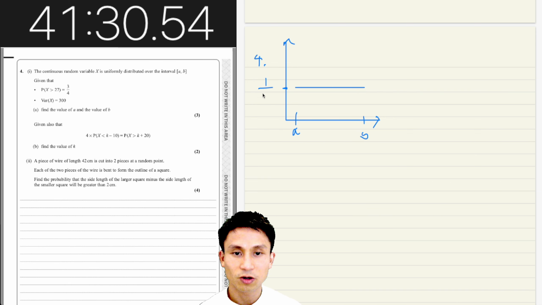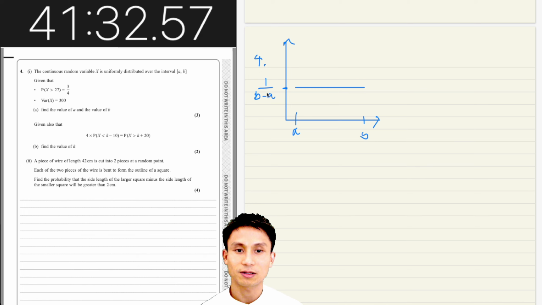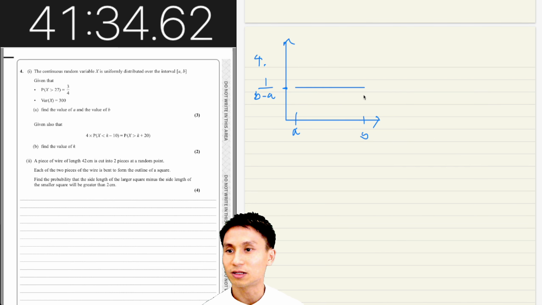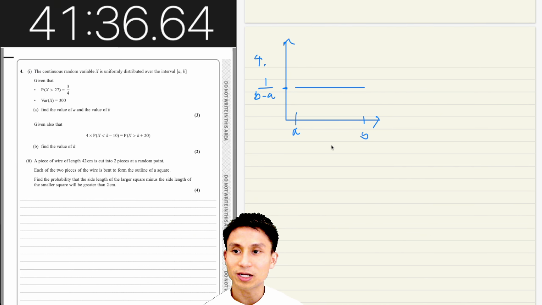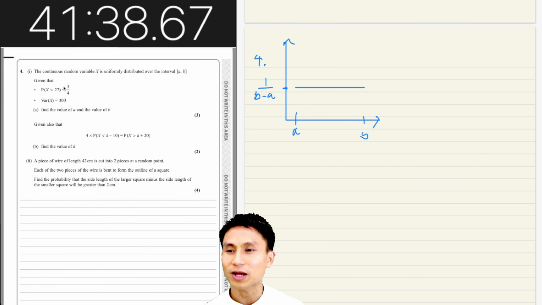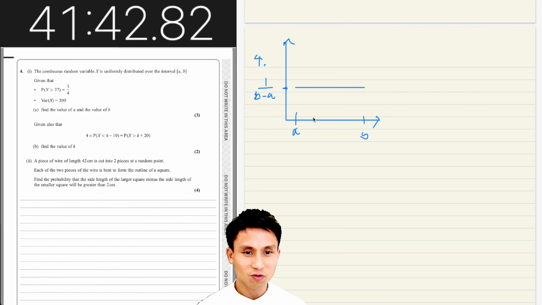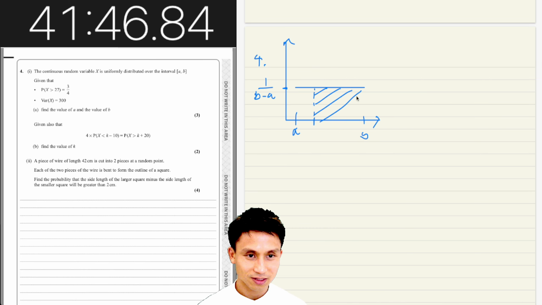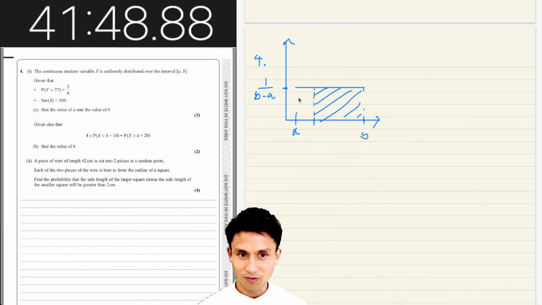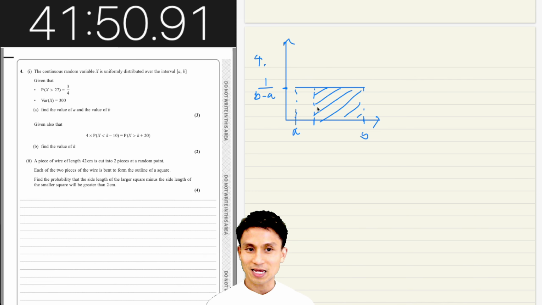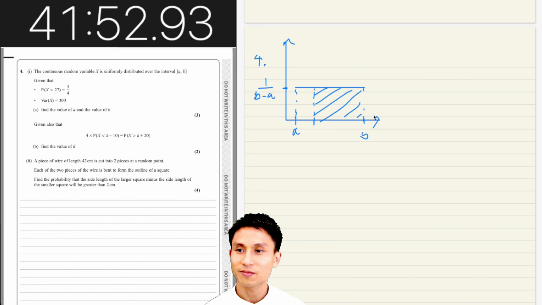So this would be 1 over b minus a, right? It's going to be the same for the entire interval. And 27 is somewhere, because greater than 27 is like 3/4. So you are looking at around here because the area towards the right end is going to be 3/4. So it only makes sense when it's more than half like that. And this is 27, right?